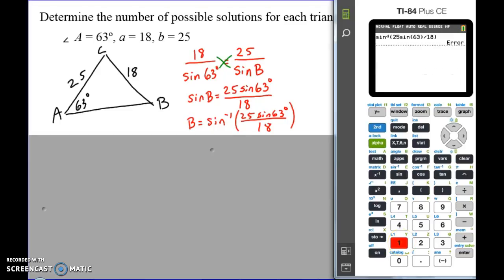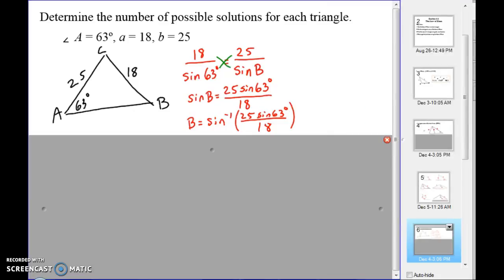Why did that happen? Let's take a look at just this part real quick. You can take 25 sine of 63 degrees divided by 18. And notice I got about 1.24.